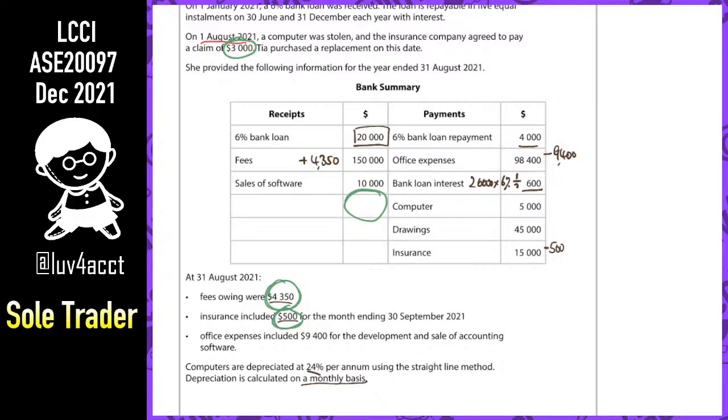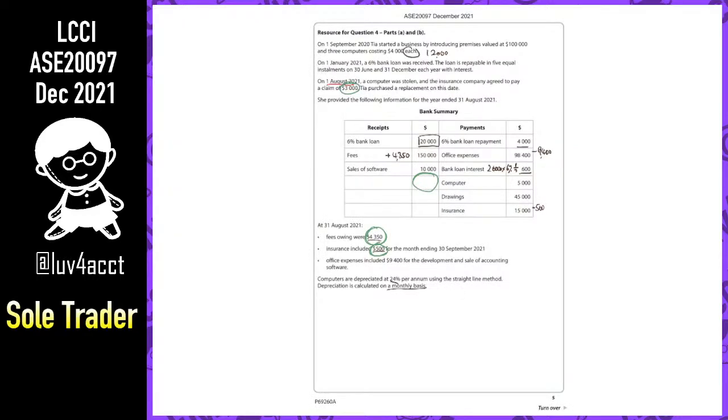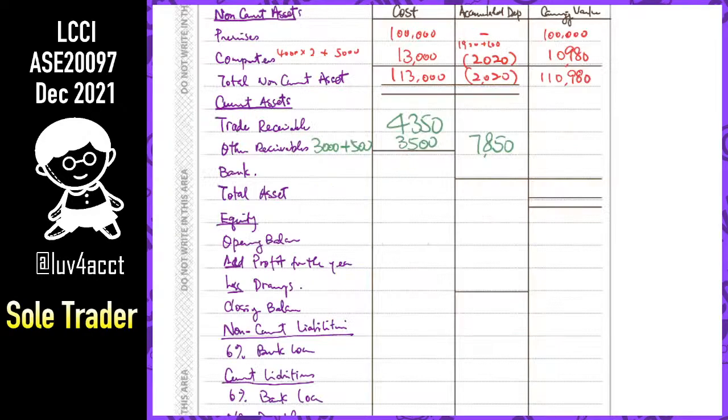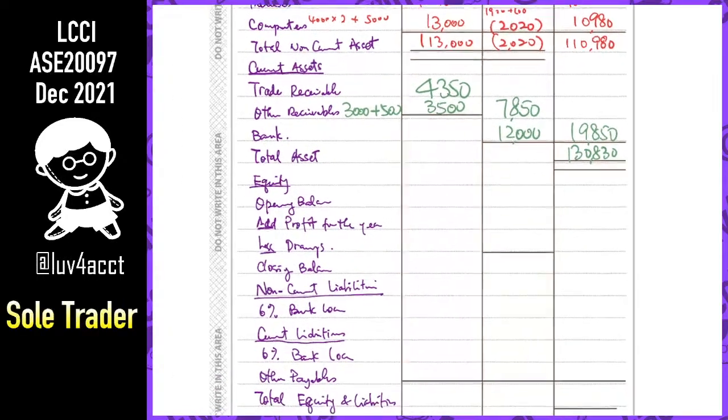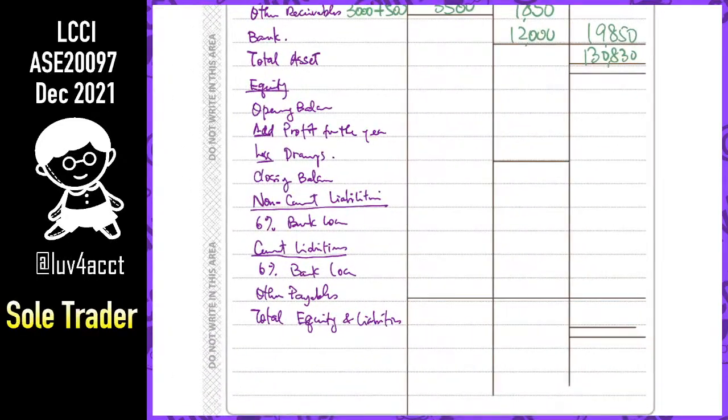You have 12,000. 12,000 plus 19,850. 30,830. Next part, hopefully we can balance.